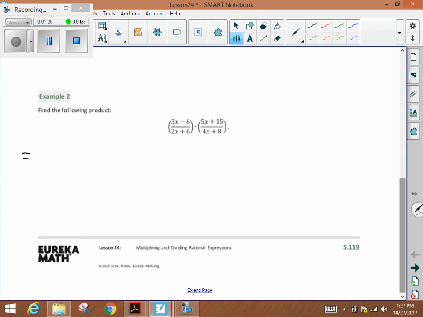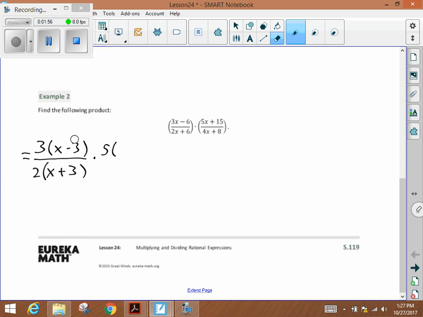So that 3x minus 6, I can factor a 3 out, and that's x minus 2 over my denominator. I can factor a 2 out, and that's going to be 2 times x plus 3. Over here in my second part of this product, in my numerator, I can factor out a 5, and that's 5.